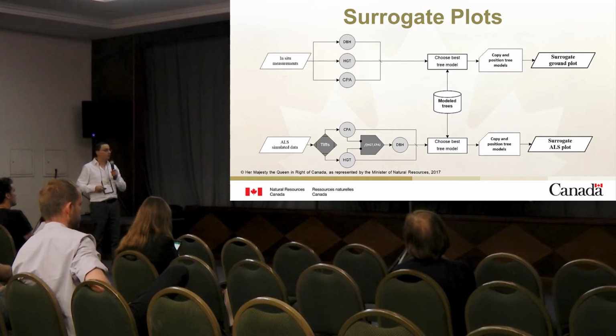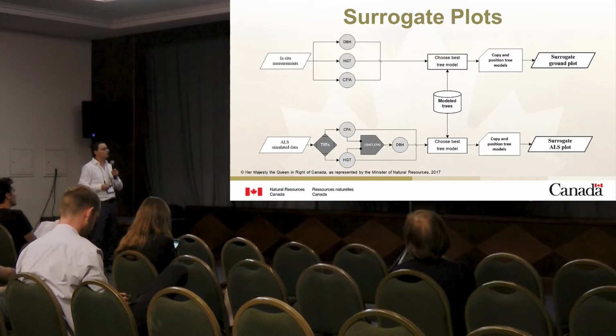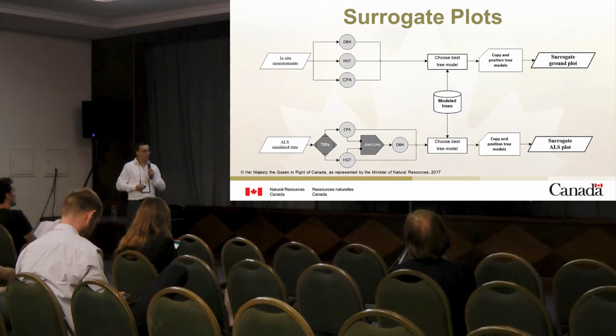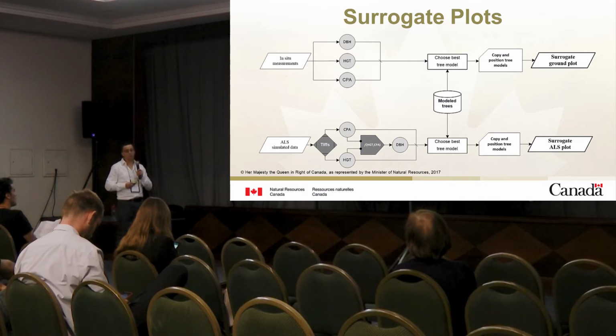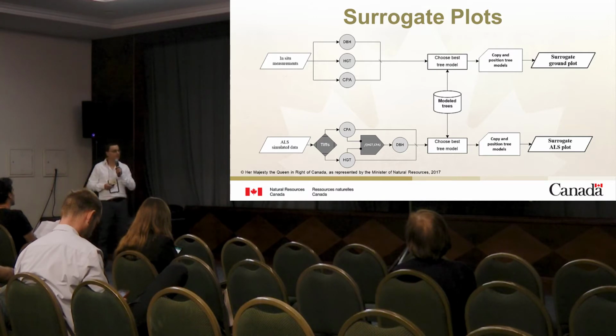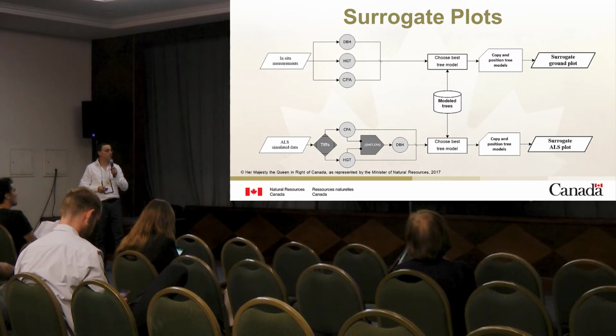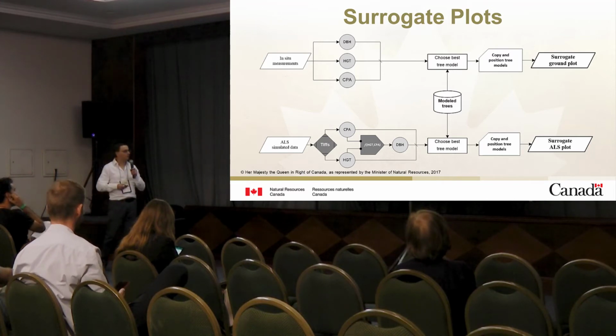So we put them in our model trees and, using some input from either in situ measurements or above-canopy high spatial resolution remote sensing, here we use DBH, height, and the crown projected area. Using these three inputs, we check for each tree detected the best fit in our library of tree models, and we copy the position, and we get our surrogate ground plots or ALS plots, depending on the input.